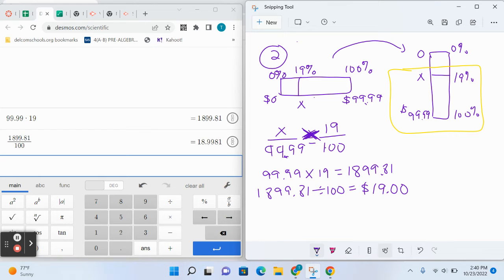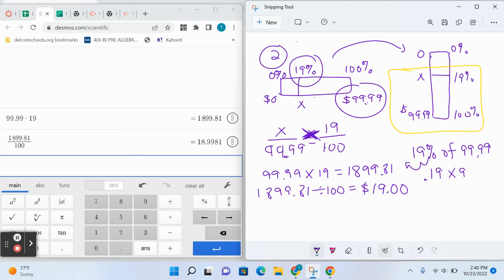Now the shortcut. Instead of using the rectangle at all, though you could use it if you wanted to get a guess, the other way to find the discount without the proportion is to find 19% of $99.99. To do that, move the decimal 2 to the left to turn that percentage into a decimal.